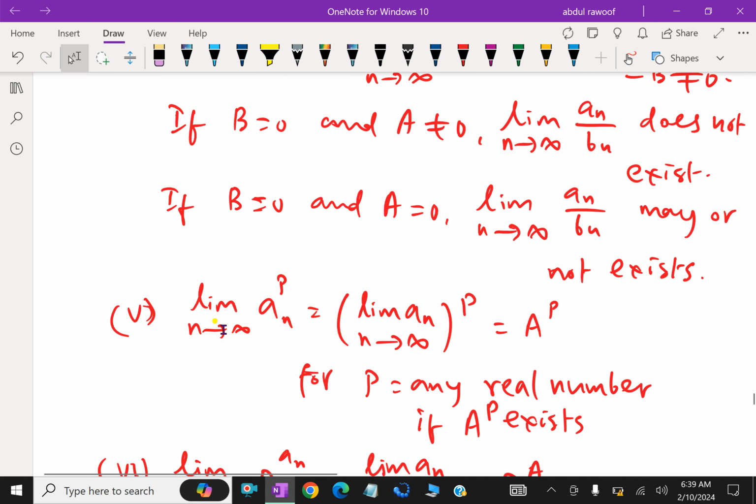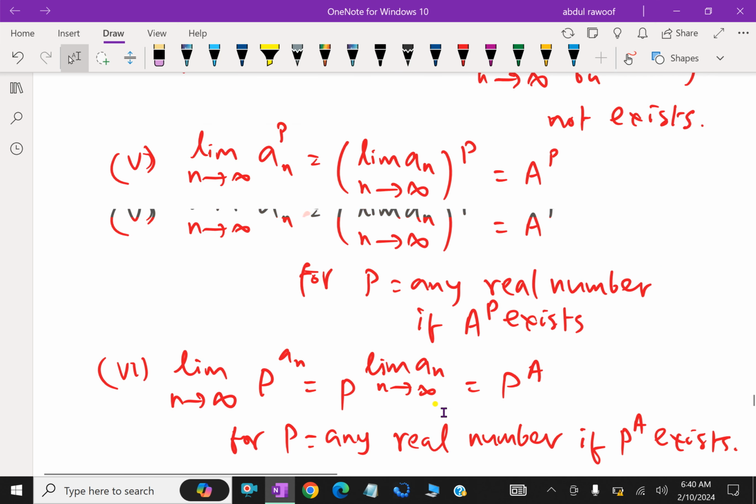Then power. The limit of an to the power p is equal to the limit of an, whole to the power p, which is equal to a to the power p for p any real number, if a to the power p exists.